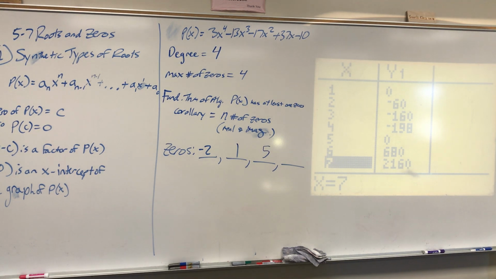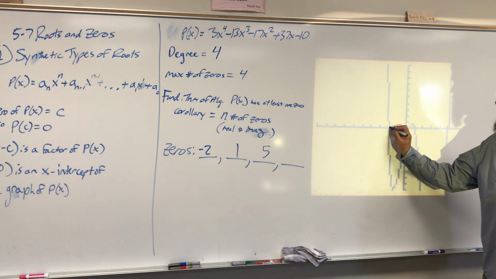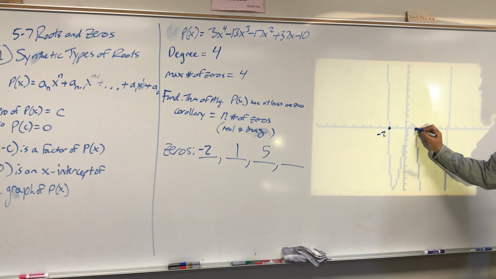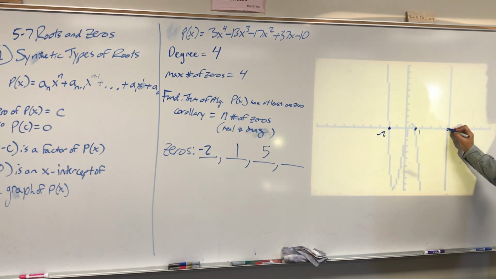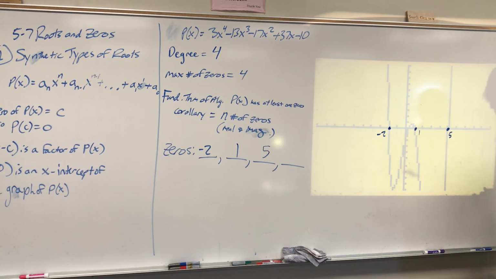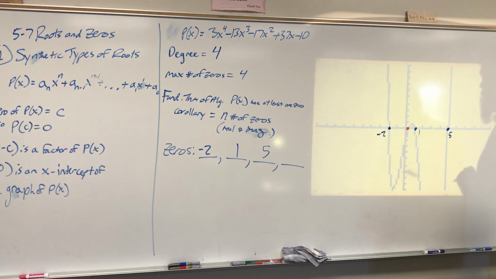So let's go ahead and go to the graph. And so here's my graph. I know this is my -2. This is my 1. This is my 5. Looks like there is a real 0 right here. I don't know what that is, but I'm going to try to find it.